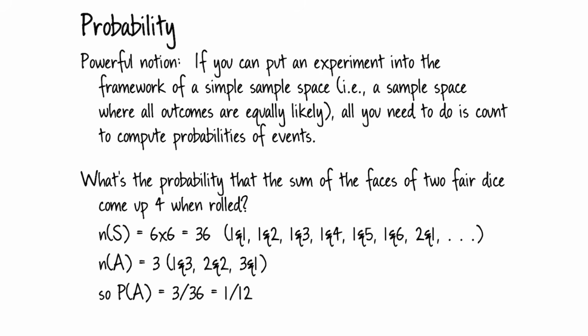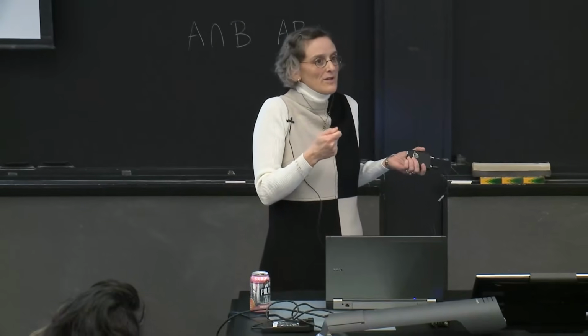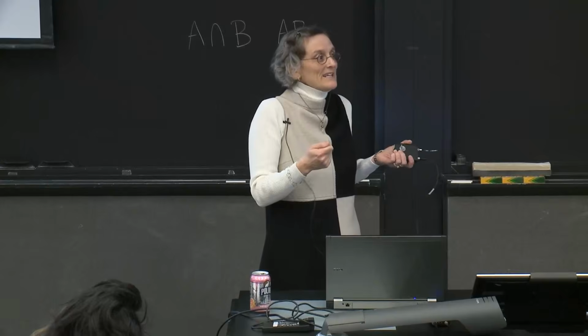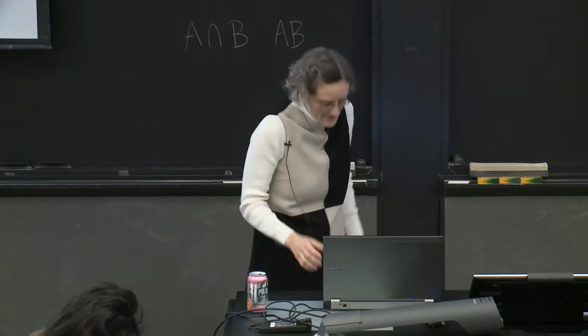And so to compute this probability, all I did was count the number of outcomes in the sample space, count the number of outcomes in the event, and divide. So that's what makes simple sample spaces such a powerful notion. A lot of times when we want to calculate probabilities, we can put the experiment into this kind of framework. It makes our lives easier.